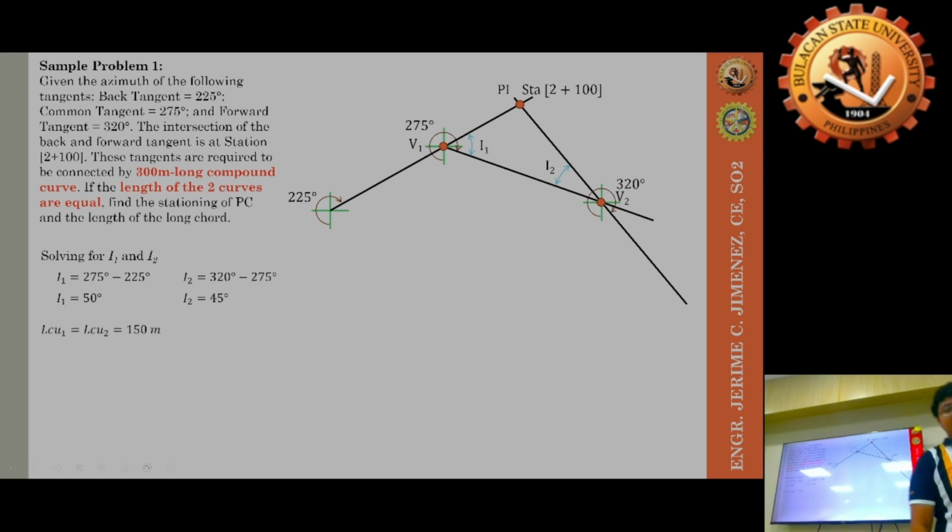Therefore, LCU1 is equal to LCU2, which is also equal to 300 over 2. The total length of the compound curve is 300 meters, so 300 divided by 2. Therefore, LCU1 is equal to LCU2 is equal to 150 meters.